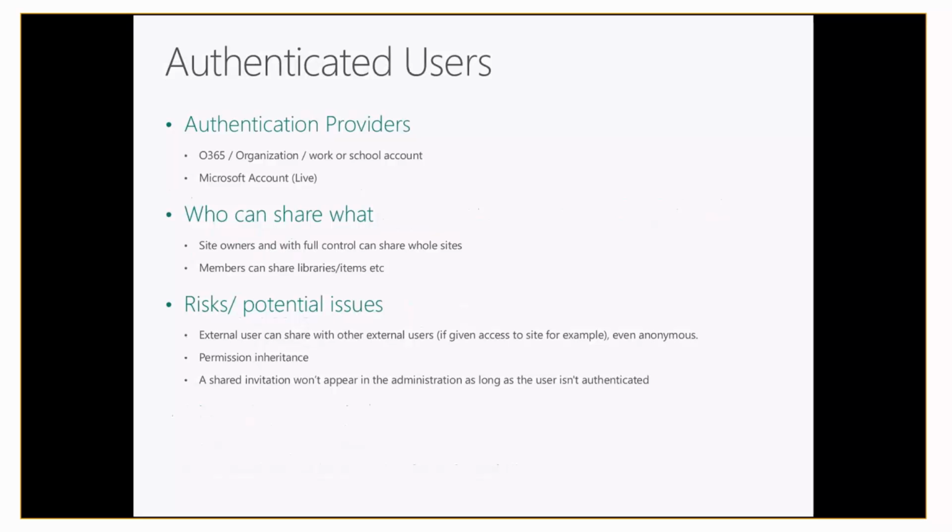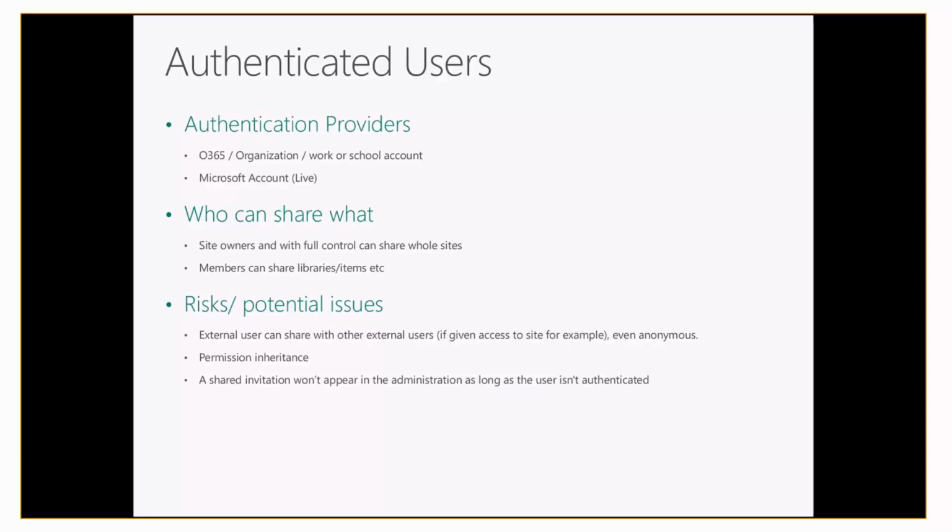Okay, authenticated users. We have the work or school account that you are going to see in the documentation. It's also called organizational account, Office 365. Basically, this is the same thing. This is an Office 365 account on a different tenant.